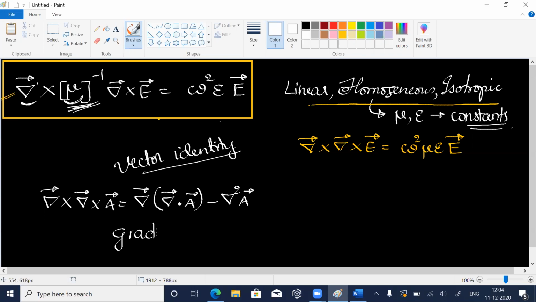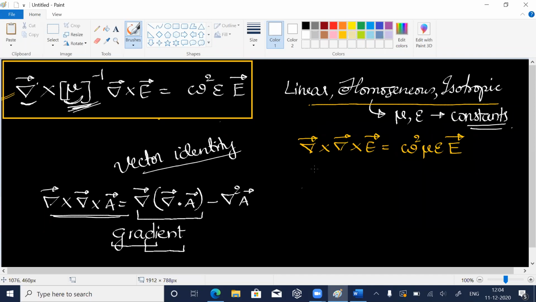Just remember the word gradient. You start with the word gradient. In this case, first there is gradient, and then there is divergence. So write it like this: gradient of divergence of that vector minus Laplacian of the vector. Always remember identities in terms of words. Then this becomes simple. If you remember them, it's gone.